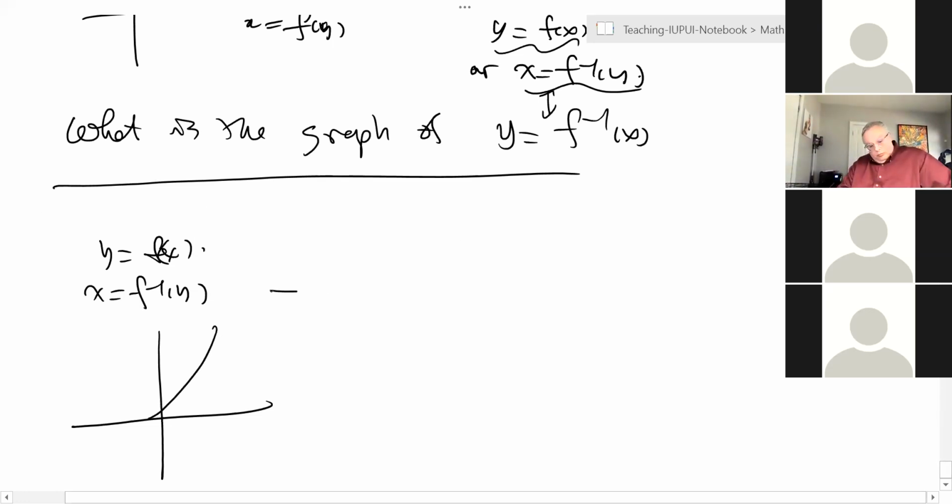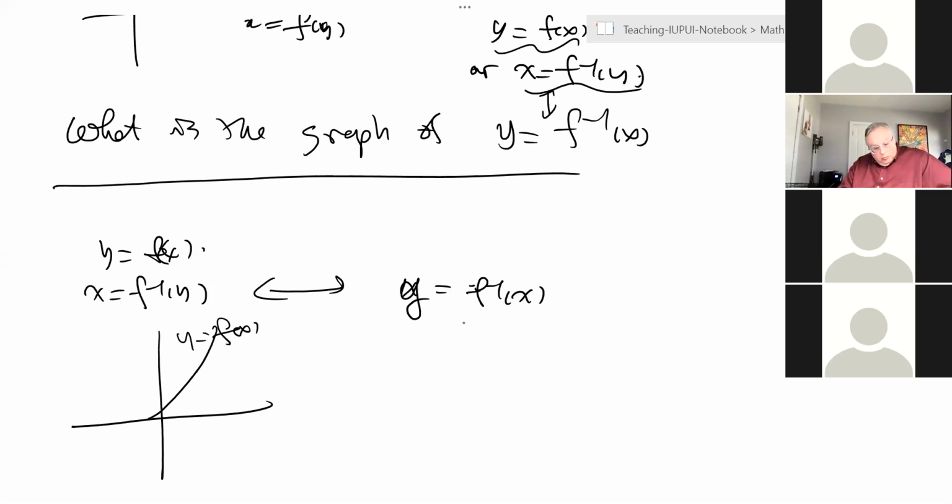Now, if we interchange the variables, the graph of this function, this is y equals f of x. The graph of this new equation, because you interchange the two variables, has a middle line here.